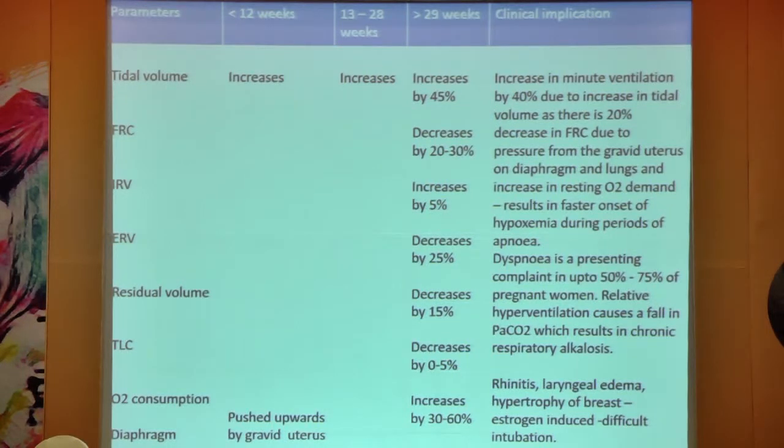The oxygen consumption is also increased by as much as 30 to 50%, and so due to the pressure on the diaphragm and the lungs, there is an increase in the resting oxygen demand, resulting in faster onset of hypoxemia.